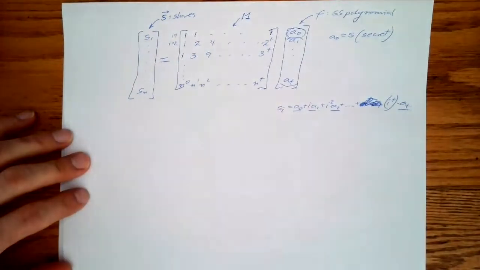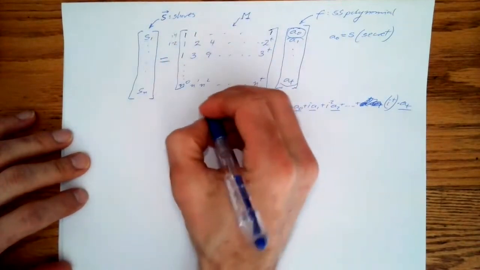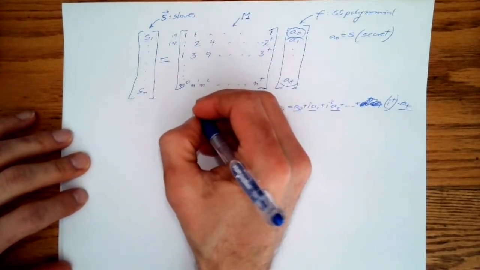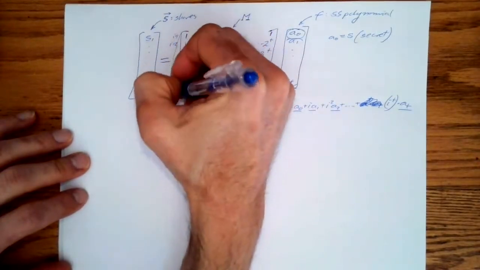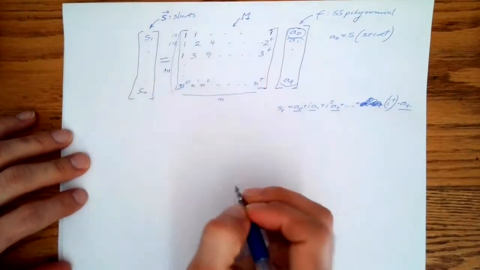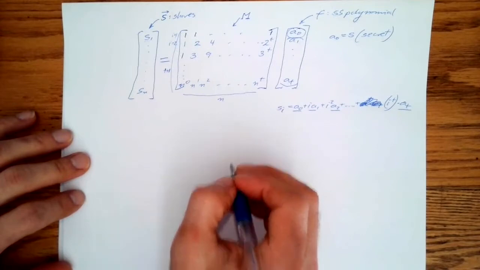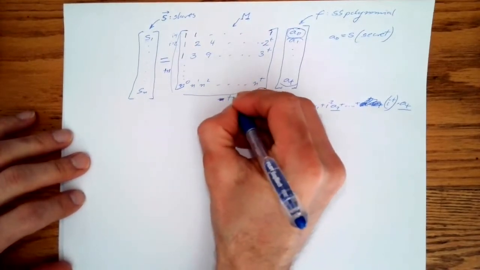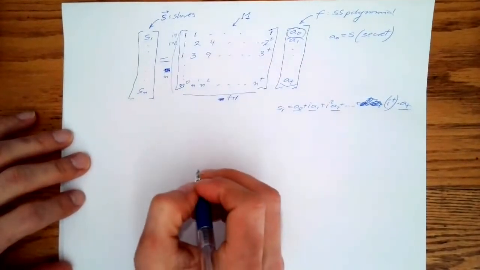The dimensions of the matrix M are t plus 1 in this direction and n in this direction.